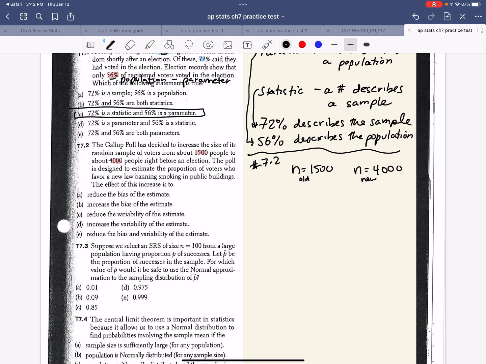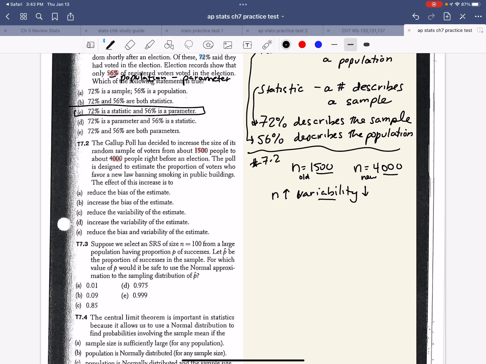So we've said in our notes, as N goes up, variability decreases. All right, so they took N up, so we know variability has to go down. So we look at our choices and we find it's going to reduce the variability of the estimate. So since N, which is my sample size, increased, the variability will decrease.